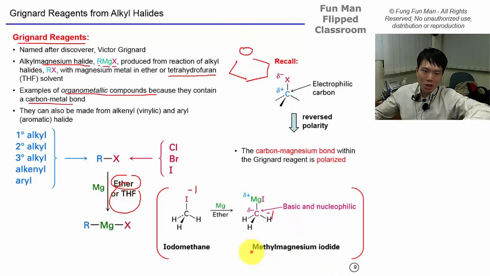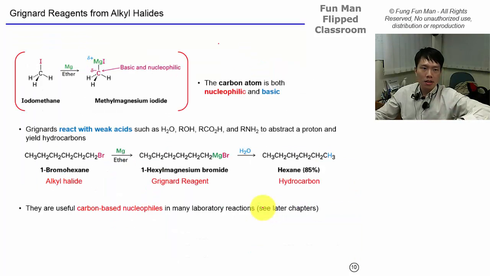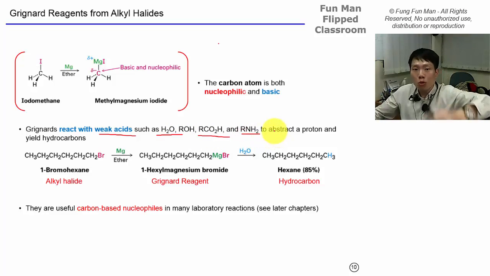Once you form a Grignard reagent, for instance this methyl magnesium iodide, this carbon becomes basic and nucleophilic because the lone pair over here is able to do a lot of attack. Right? So Grignard reagents react with weak acids such as water, alcohol. They are not even acids, but we call them weak acids because they still have the ability to give off H+. Carboxylic acids, even amines, will abstract the proton from them and give hydrocarbons.